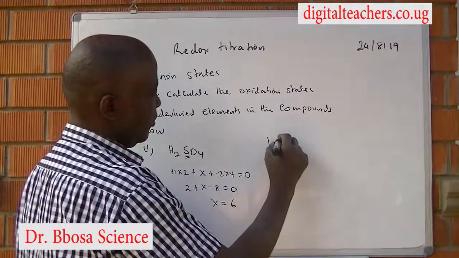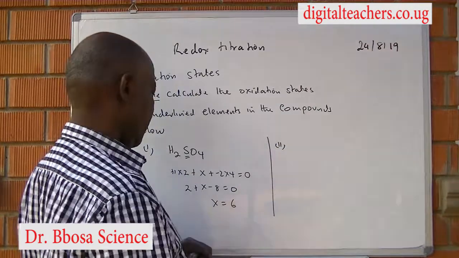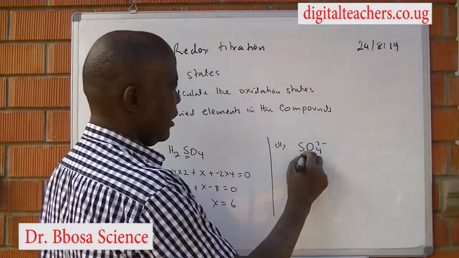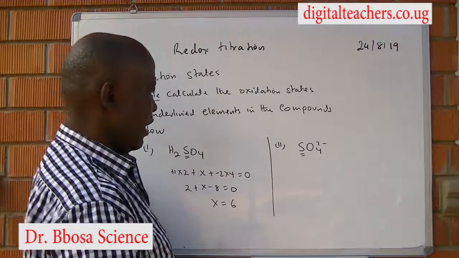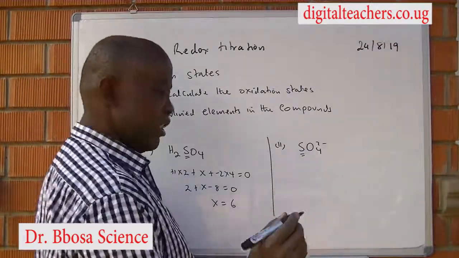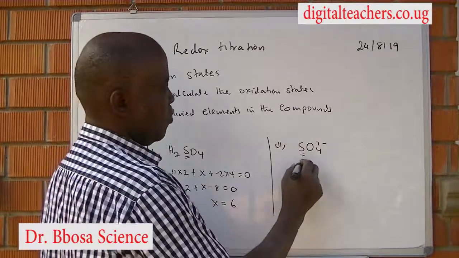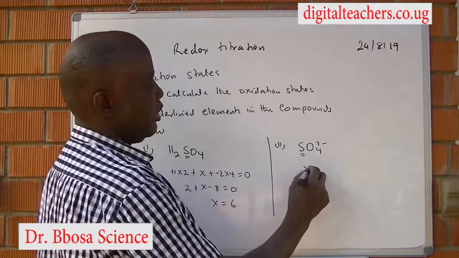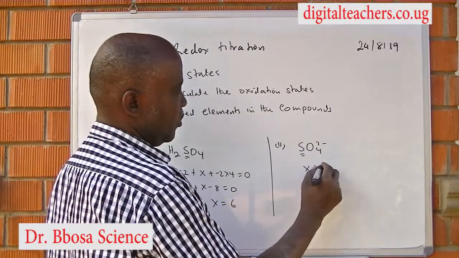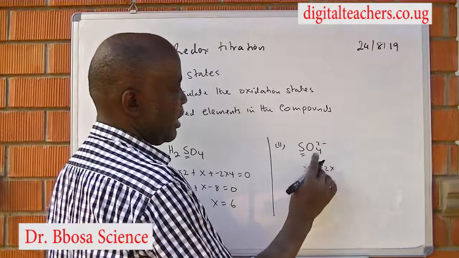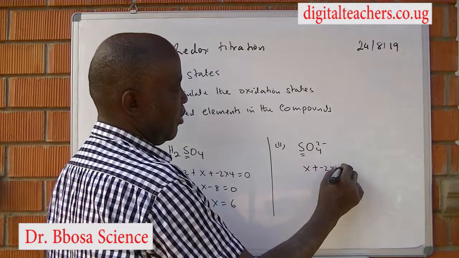Then 2, sulfur in the sulfate ion. Again, we relate the oxidation state of sulfur to x. The oxidation state of oxygen is negative 2, but there are 4 atoms, so times 4.